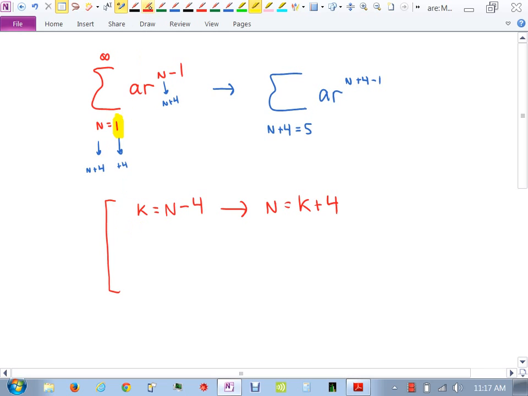Does this work? What am I replacing n with? K plus 4. Does that work? I don't think this is getting through to y'all.